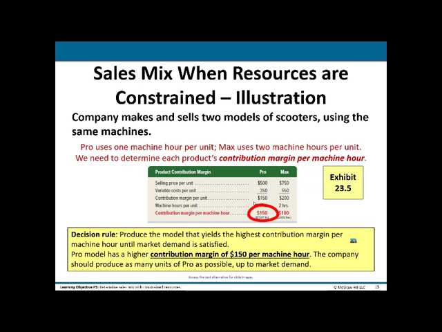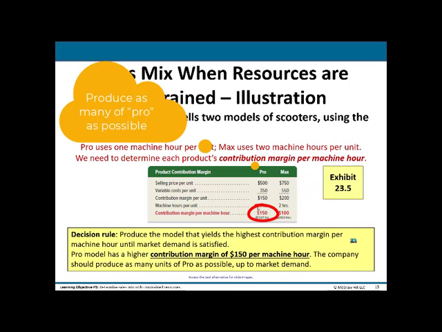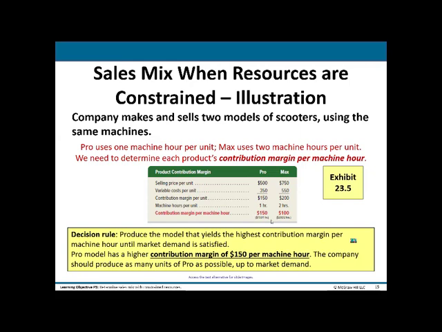So we would focus all of our efforts on producing the Pros until some constraint ran out, whether it's the machine. And if that's the case, we would just produce as many of the Pros as we could, unless there was some other constraint that prevented us from maximizing out on the Pro.